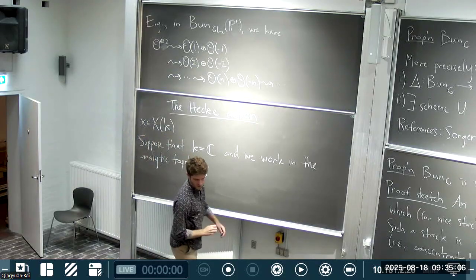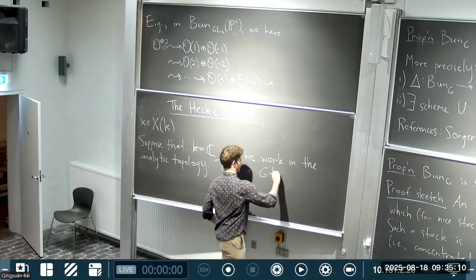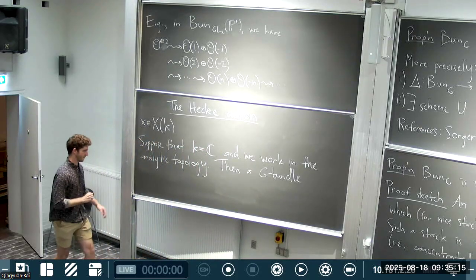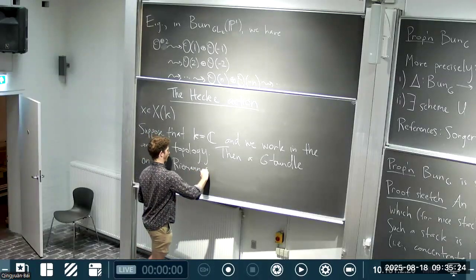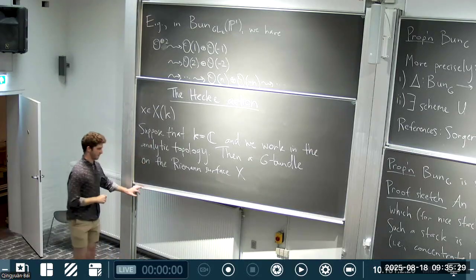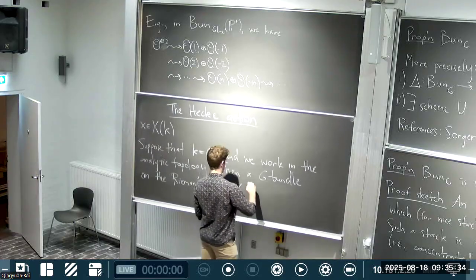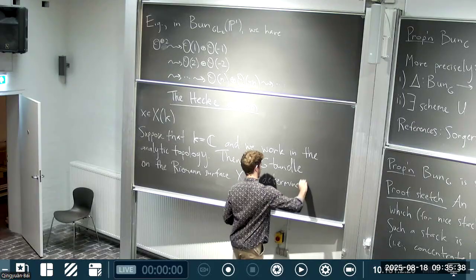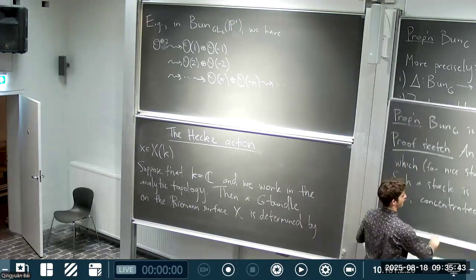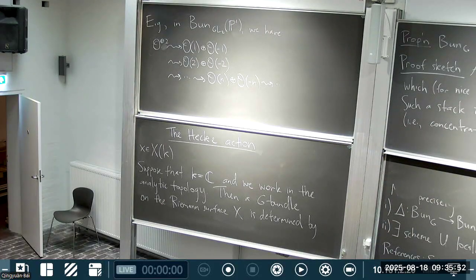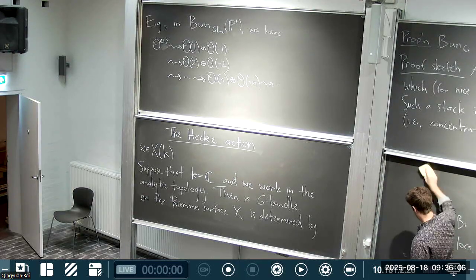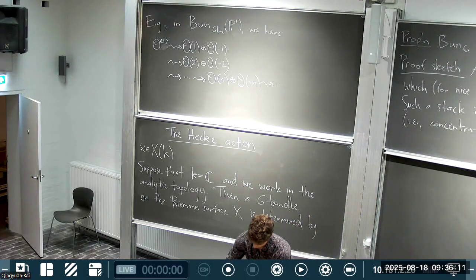Okay, so in this case, X is actually like a classical compact Riemann surface, and I can describe a G bundle by some particular data as follows.